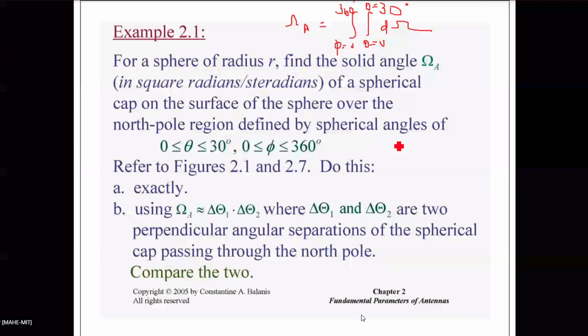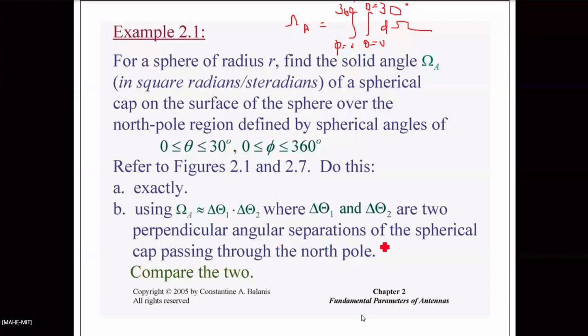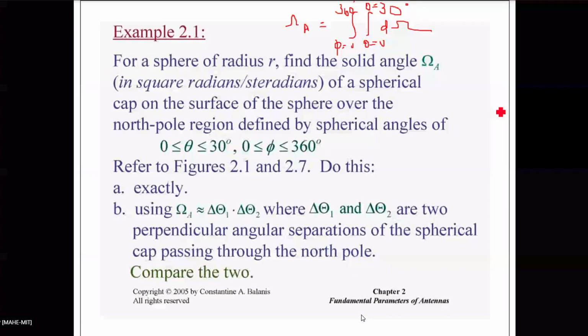It comprises all the vertical planes. In that, you take two mutually perpendicular vertical planes. Delta theta 1 and delta theta 2 are the two perpendicular angular separations of the spherical cap through the North Pole. They will be 30 degrees into 2, 60 degrees. Do you understand this? 30 degrees into 2.